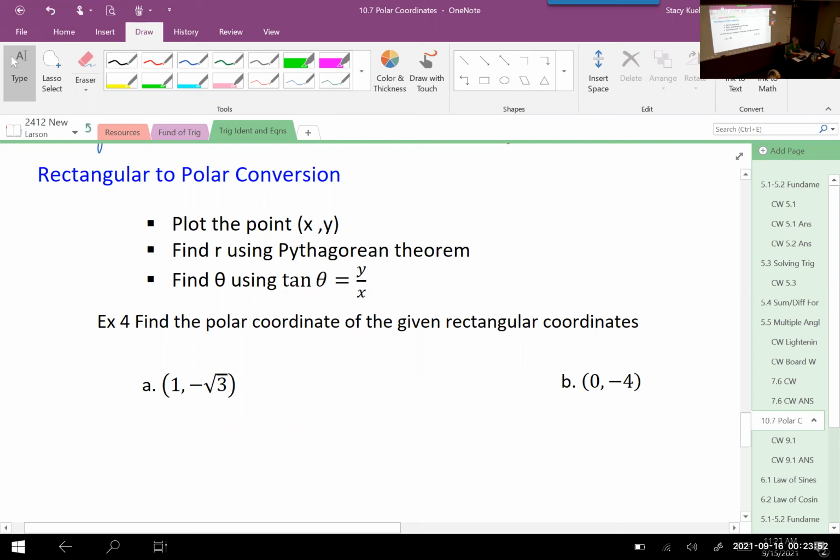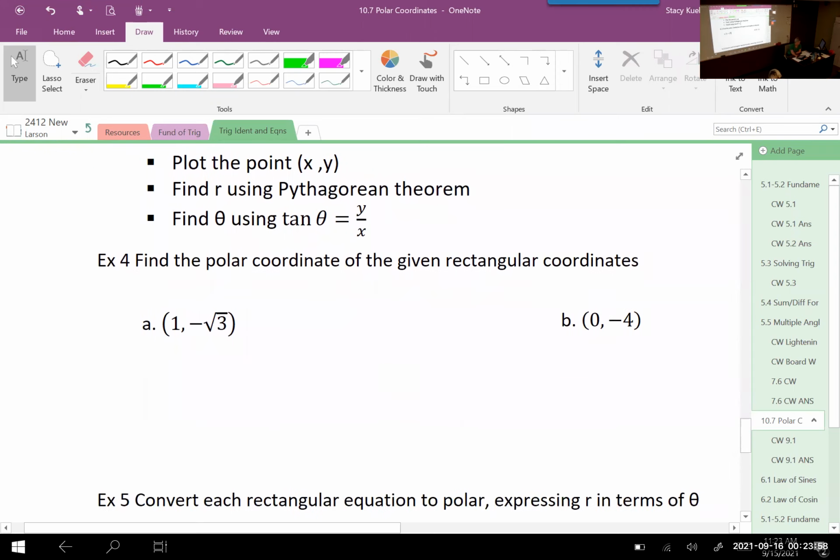Now this is actually going to look a lot like what we were doing before in our trigonometry. And so when we are looking at this point here, I'm just going to quickly sketch the point 1, negative square root of 3, which would be somewhere down here.